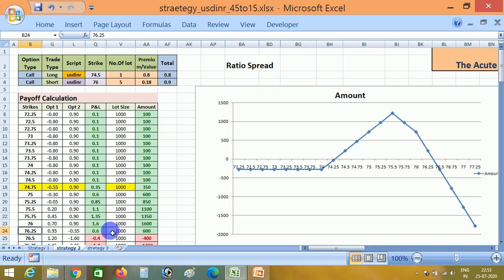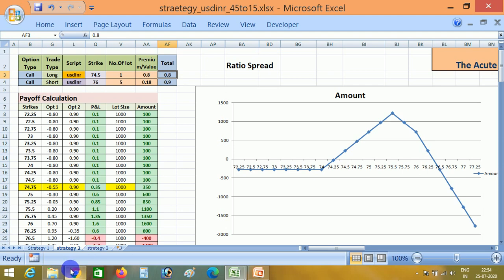After 76.25 somewhere it will be in loss, but before that we will adjust this ratio spread, by shorting puts and by increasing our long calls. We have a lot of adjustments that we will do, but we will leave this strategy once we get some percentage of profit.